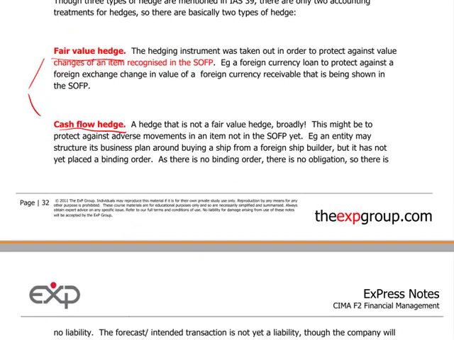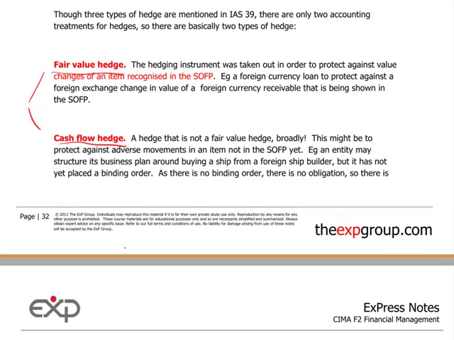A cash flow hedge is when you try to protect the fluctuations your cash flows may have. So again, let's say you have here an example: an entity may structure its business plan around buying a ship from a foreign shipbuilder. So obviously what you'll have in the future is a payable towards the shipbuilder in a foreign currency.